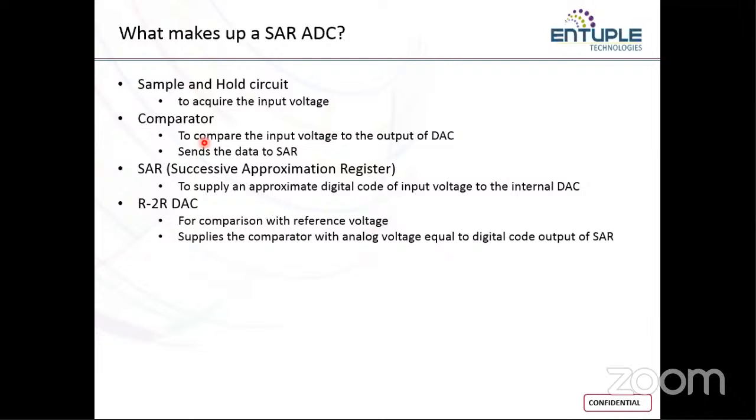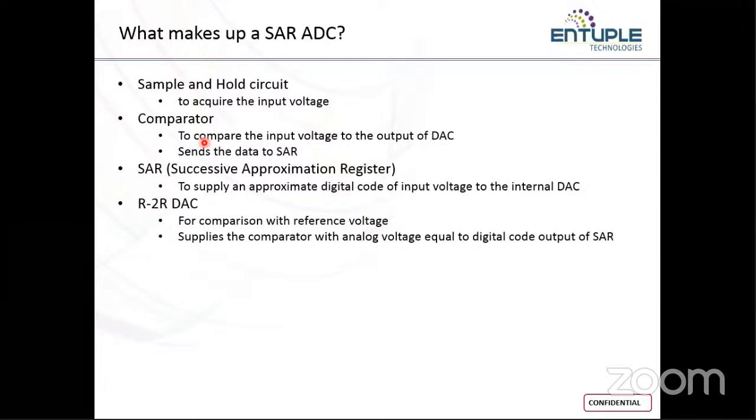This successive approximation register supplies an approximate digital code of the input voltage to the internal digital to analog converter. So the successive approximation register converts the analog data into digital form and sends the digital value to the DAC.